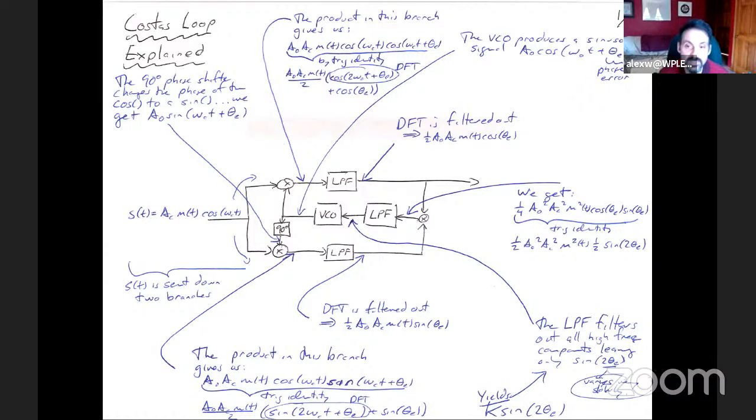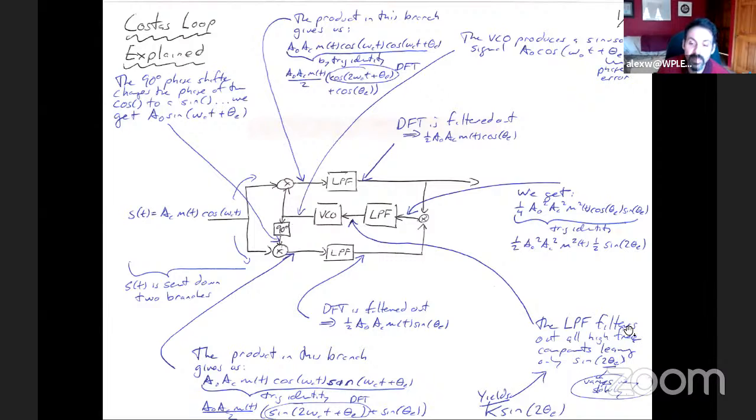So it smooths out that input signal, m squared of t, half sine 2 theta e, and what comes out is just the sine 2 theta e, and that is what gets fed into the VCO, and we start all over again with that loop.